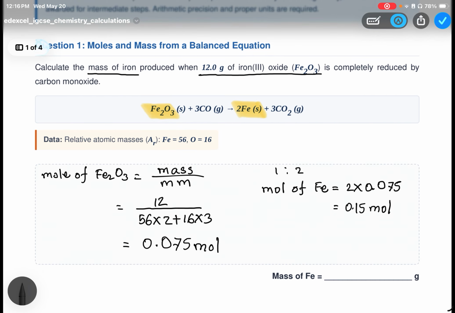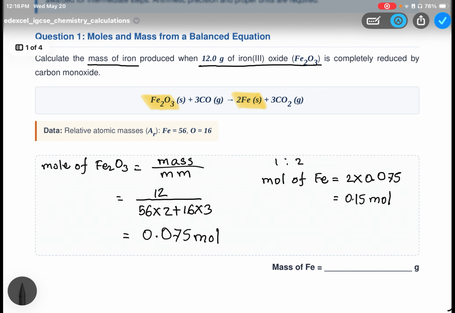Now once you know the moles of Fe, the mass becomes very easy because we can just tweak this formula, and if we make mass the subject, the formula is mole times molar mass. So your moles is 0.15 and, because we are asked to find the mass of iron, the relative atomic mass of iron is 56.